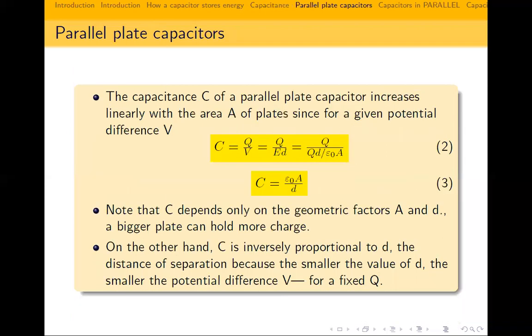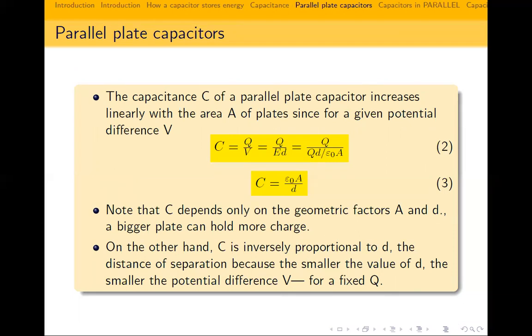So the capacitance C of a parallel plate capacitor increases linearly with the area of the plates for a given potential difference. Here we have already said that a capacitor is a device that contains two plates with a dielectric. If you want to increase the capacity of the capacitor, you can make the plate very big, that means you increase the area.